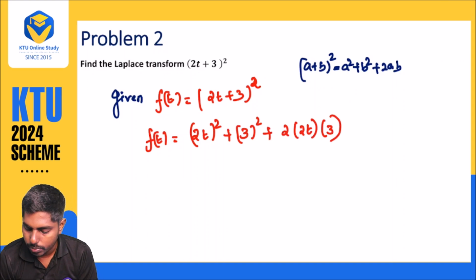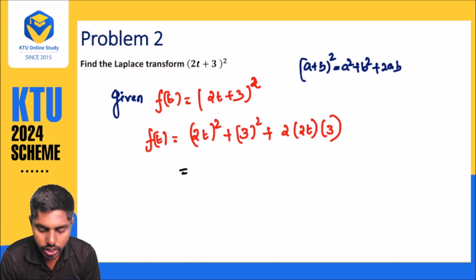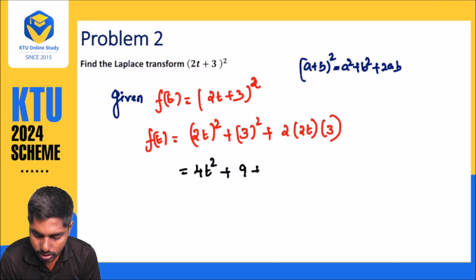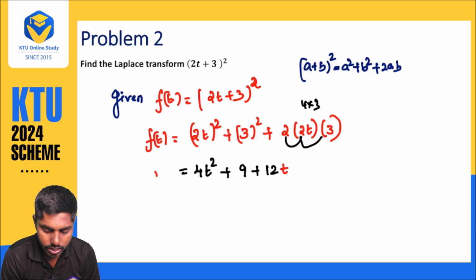Now 2t the whole square is 4t square, plus 9, plus 2 into 2 is 4, 4 into 3 is 12, so 12 into t. This is what we get as f of t.